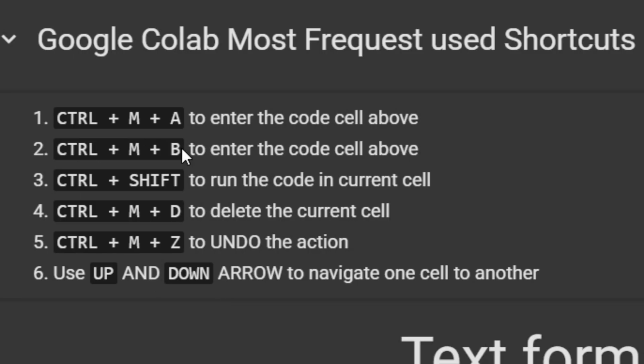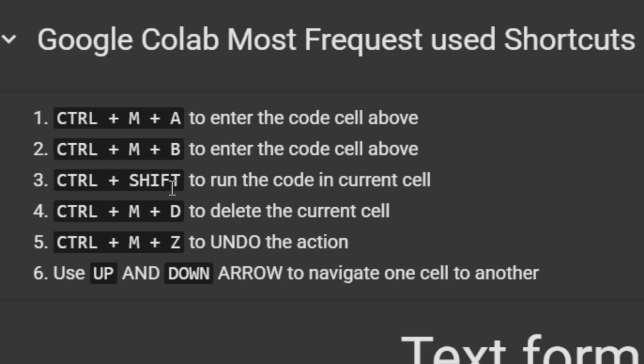Control plus M A to add a cell above, Control plus M B to add a cell below. A denotes above, B denotes below. Control Shift Enter will run the code you have written in the cell.